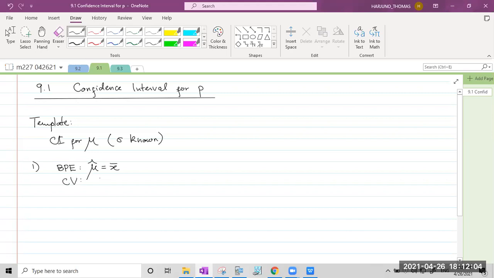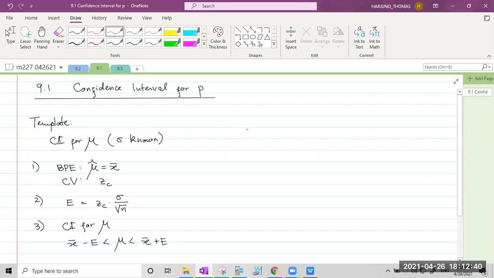Critical value, we use Z critical. Step 2, margin of error is Z critical times sigma over square root of n. Step 3, declaration: confidence interval for mu, best point estimate minus margin of error less than mu less than best point estimate plus margin of error. That's the template we have before.